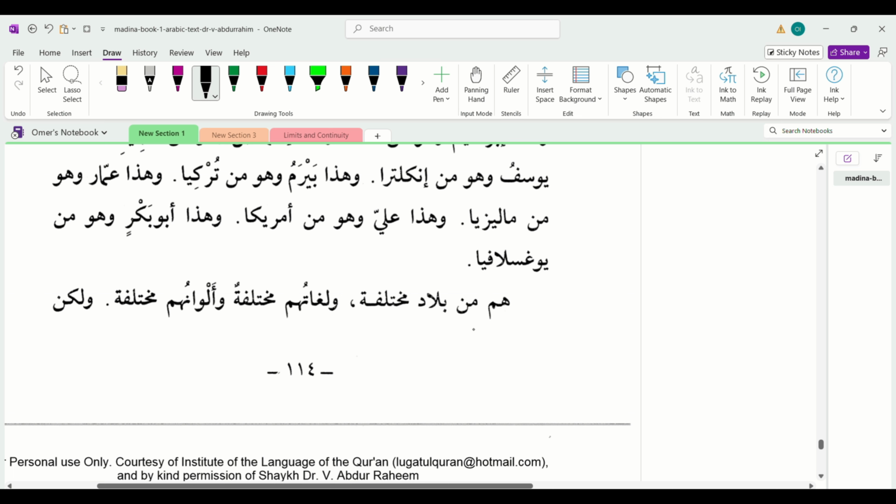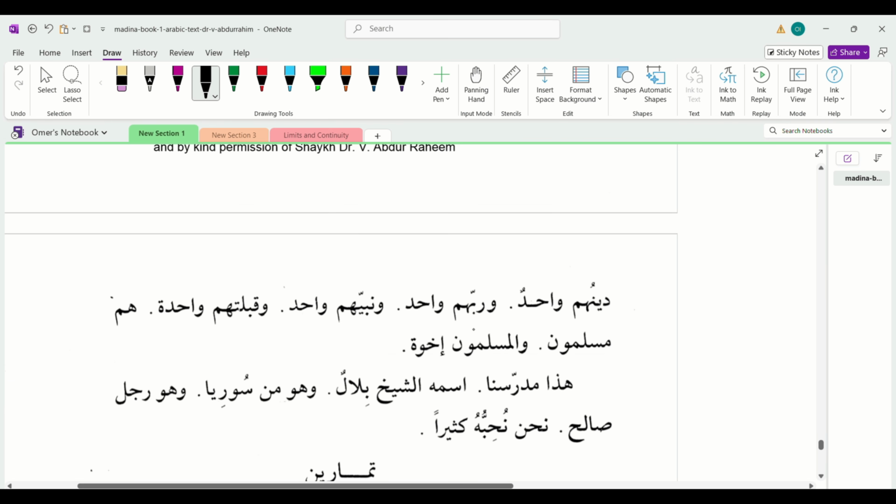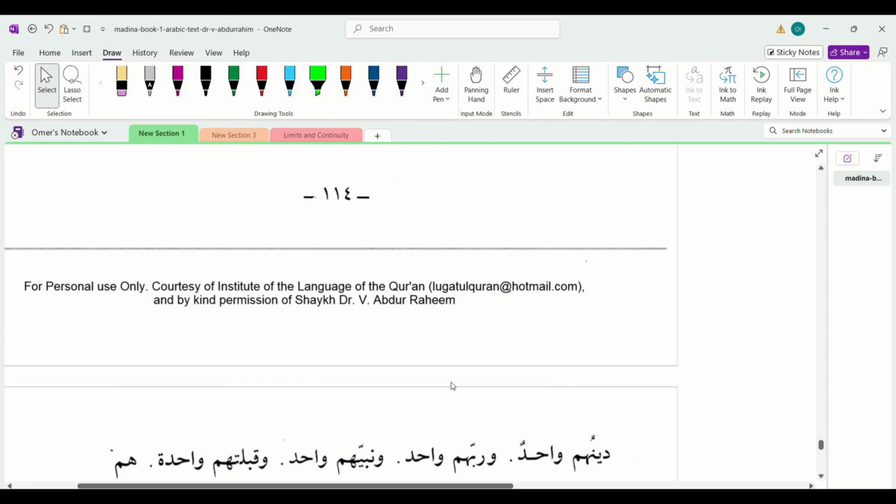هم من بلاد مختلفة ولغاتهم مختلفة وألوانهم مختلفة. They are from different countries, their languages are different and their colors, meaning skin colors, are different. ولكن دينهم واحد.